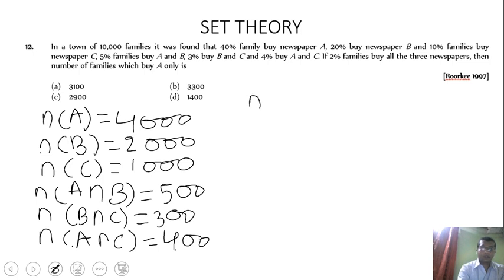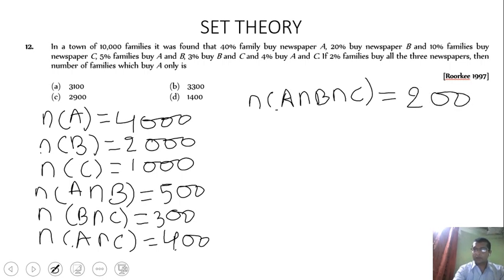So n(A intersection B intersection C) is equal to 2%. 2 divided by 100 times 10,000 gives us 200.